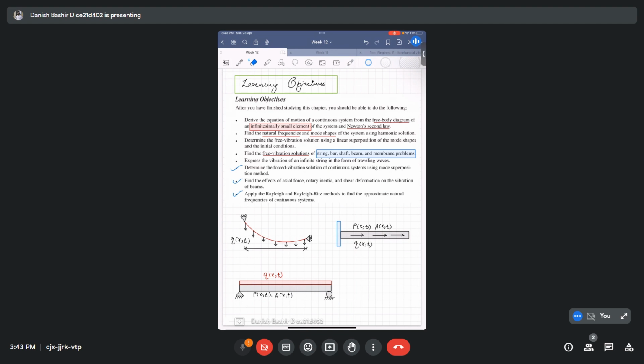So we will be dealing with the string problem, the bar problem, and this is the beam problem.